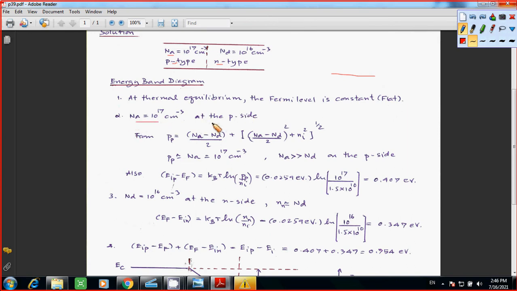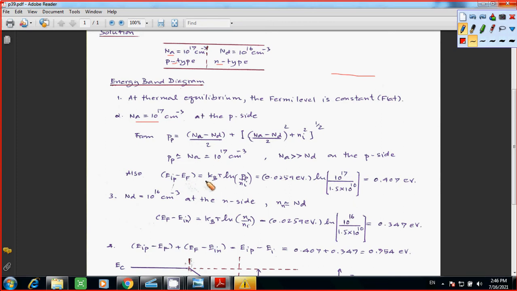For Na, on the p side, you can apply this equation, because you can look for EIP minus EF, the gap between the intrinsic energy level and the Fermi energy level.